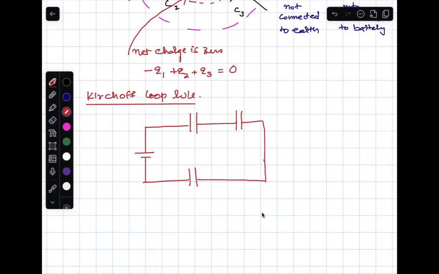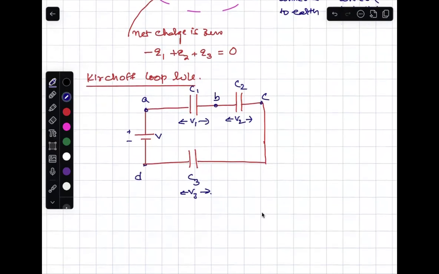Let the capacitances here be C1, C2, C3. The voltage drops are V1, V2, V3, and the battery is V volts. Now you choose points like this: A, B, C, D.